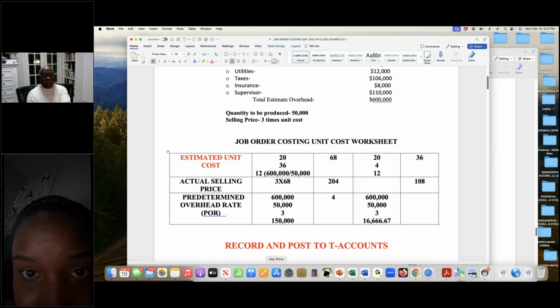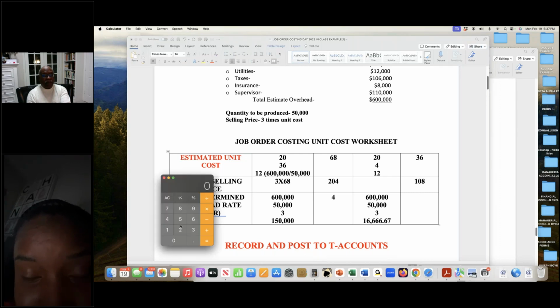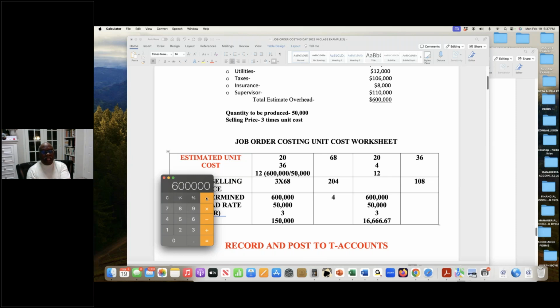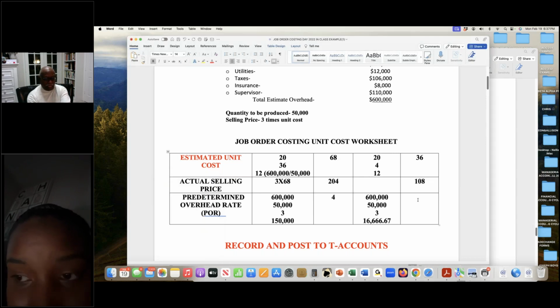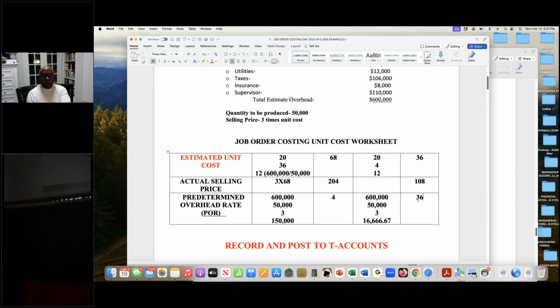So we're going to take the 600,000 and divide it by the 16,666.67, and that's going to equal, as indicated, we will round that to 36. So you notice a big change in the POR.